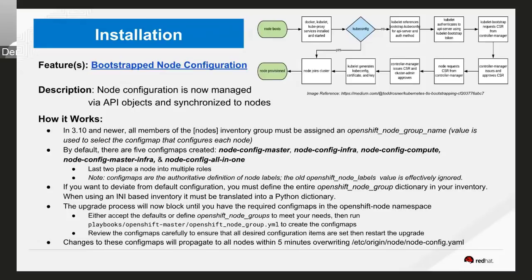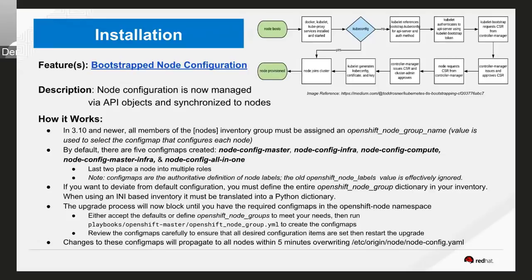A change in this release is a feature called Bootstrap Node Configuration, which makes all of the node configuration managed as API objects in the cluster itself, so that you can make a change to a set of nodes in an entire group and have that be pushed out to all nodes that match that group centrally.